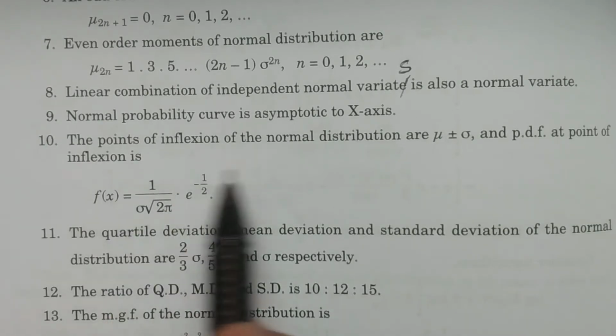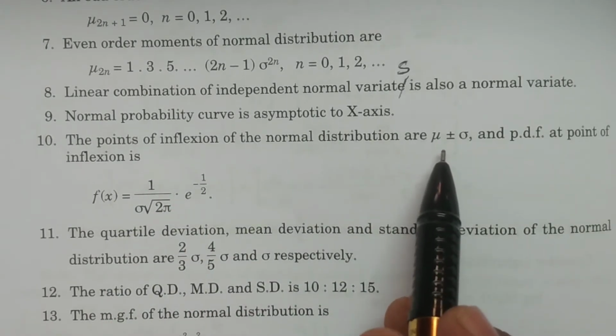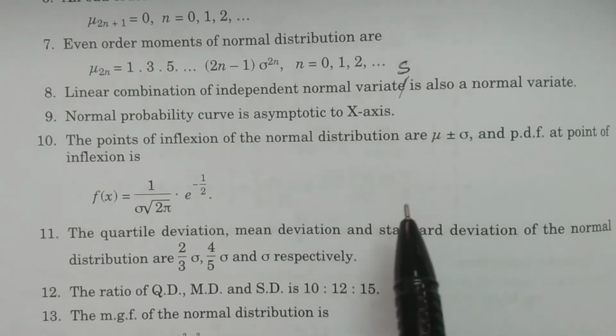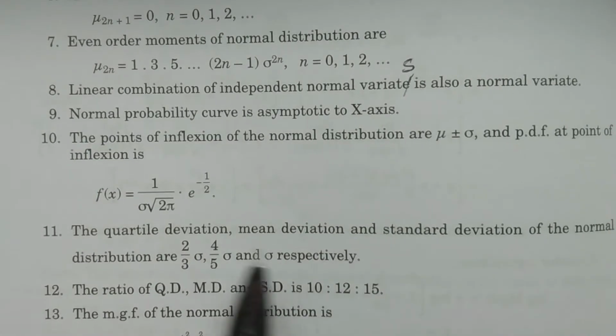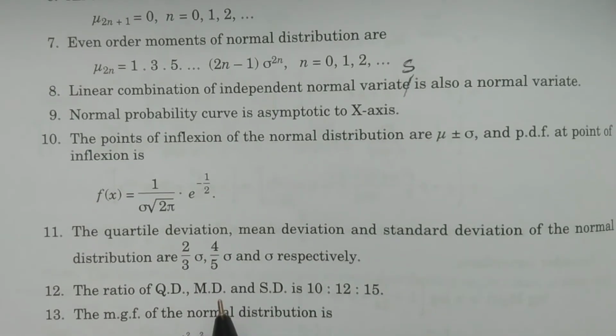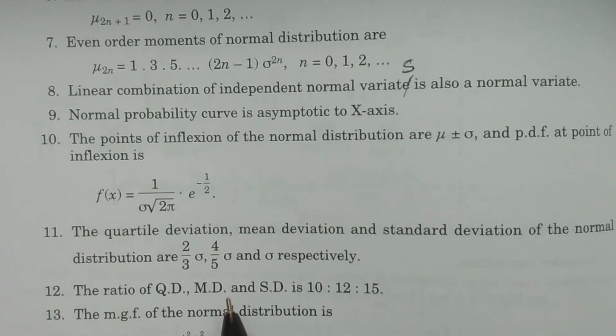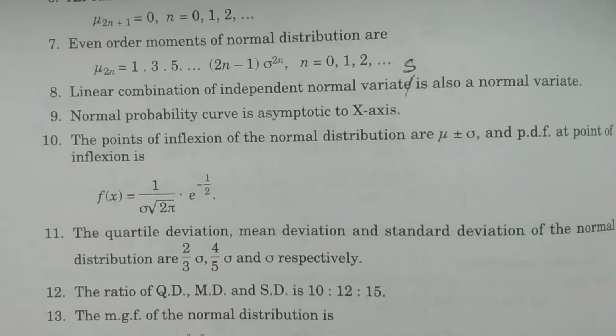So the point of inflection means mu plus sigma and mu minus sigma. If you consider two values, mu plus sigma and mu minus sigma in the normal probability curve, the probabilities from mu minus sigma to mu and mu to mu plus sigma are same.